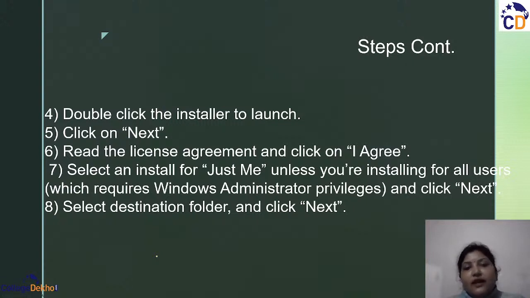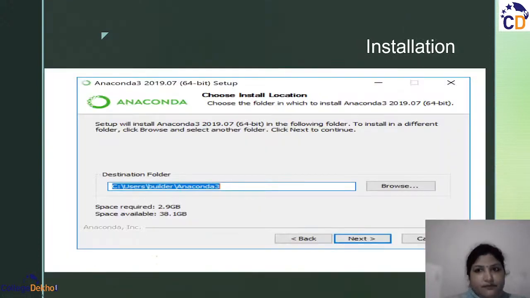Nothing else. And at the end of this, you need to select the destination folder and click next. When installing, I am going to install Anaconda 3, for the 64-bit setup, and Python 3.7. The destination folder is in the C drive where I will install Anaconda 3.